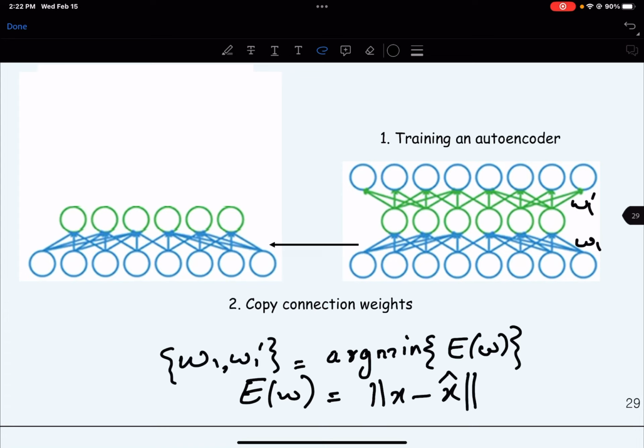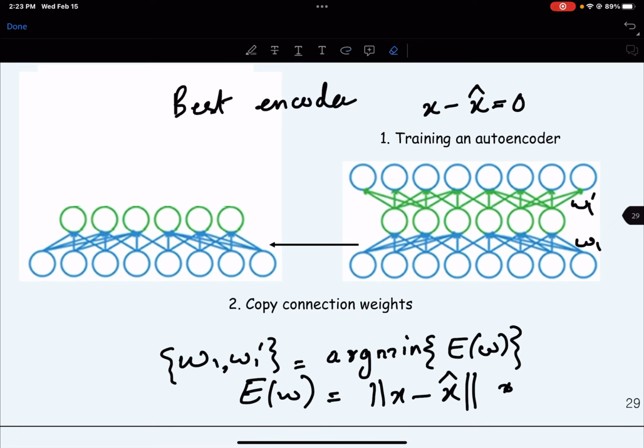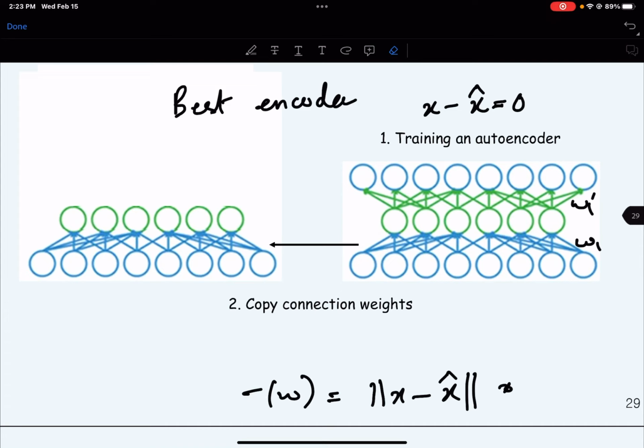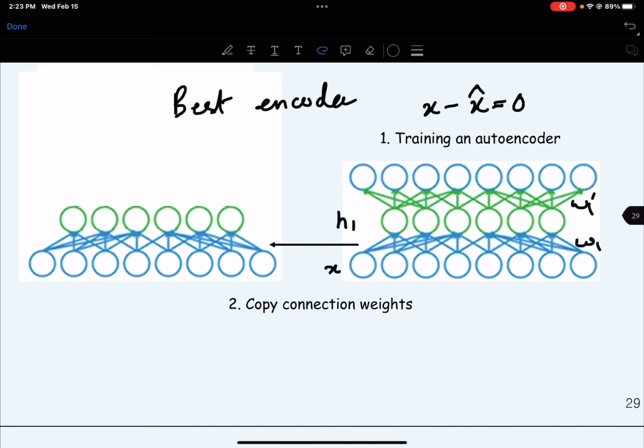This is our Euclidean norm of W1 and W2. And the best encoder, as I mentioned earlier, would be when your predicted minus your actual is equal to 0. And what we do then is, we have this target to minimize. For this X, we have H1. This is your X dash, X predicted.